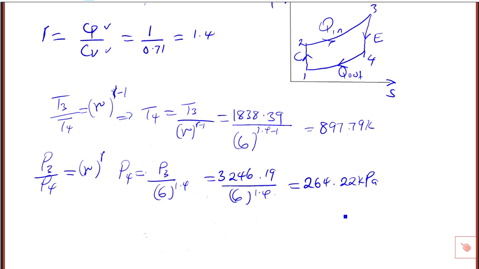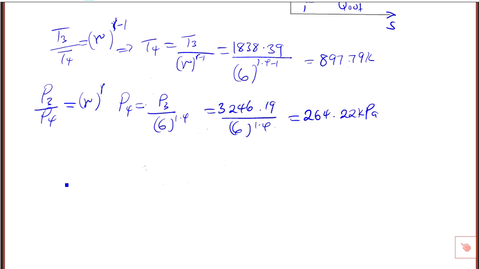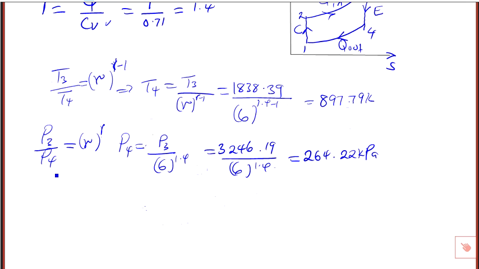Now let's go ahead and calculate the entropy change, because we have found the volumes V1 and V2. We have found T2, T3 and T4, same as pressure, that is P3, P4 and P2.